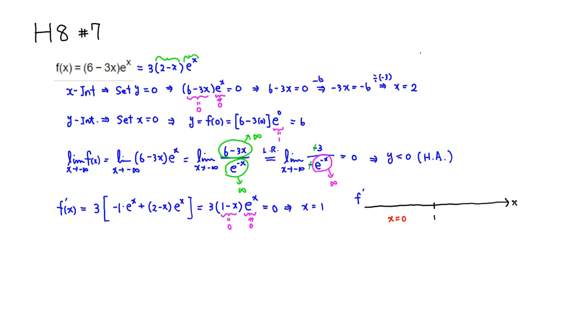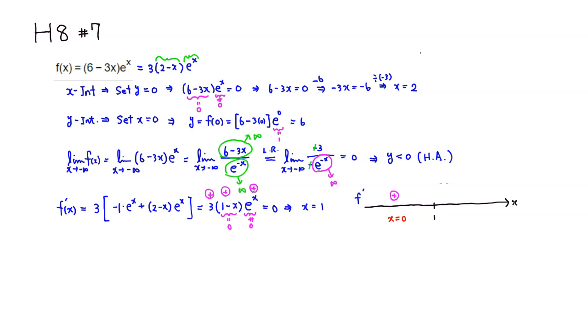Then plug 0 into the derivative and see if you get a positive or negative. E to the x is always positive, 3 is always positive, so I'll put a positive sign here and a positive sign there. If you plug in 0, 1 minus 0 is still positive, so everything is positive.